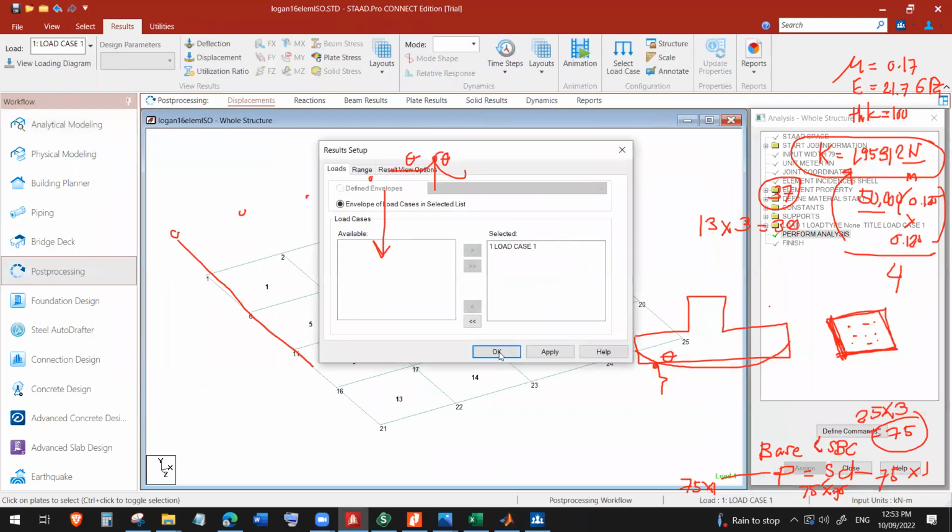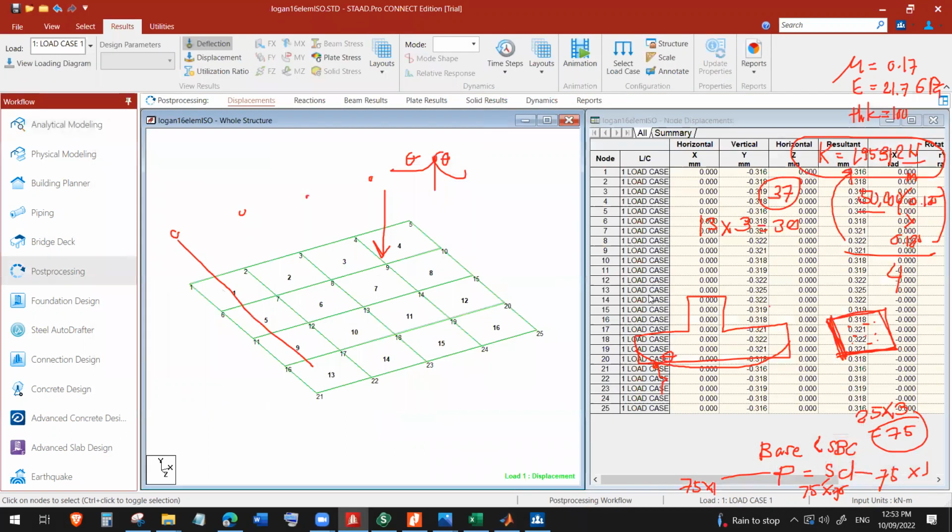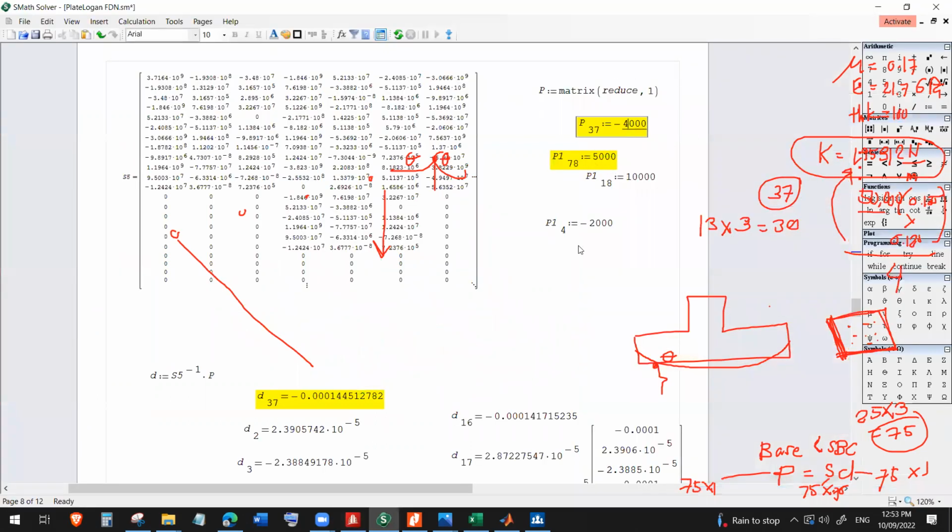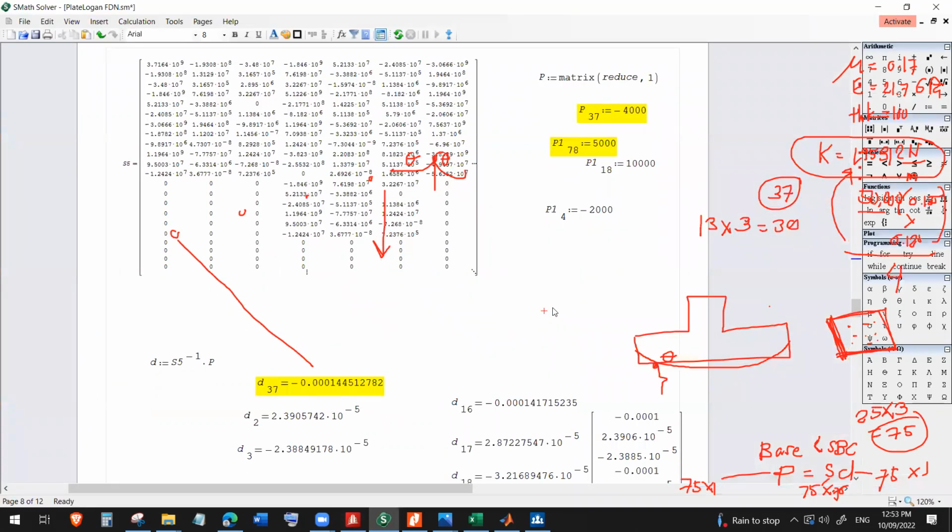Of course, let's find out the displacement first. So the maximum displacement is 0.325 mm. Still almost negligible, right? Because that means we have assumed a very stiff modulus of subgrade reaction. So update this force and then calculate.